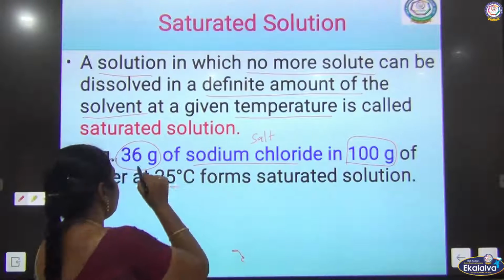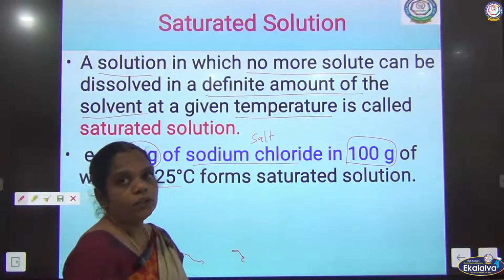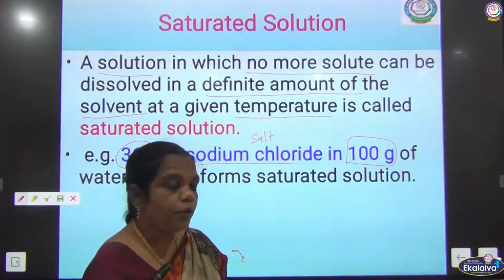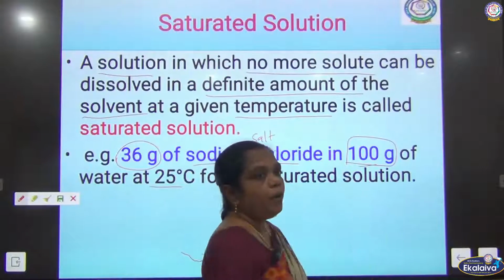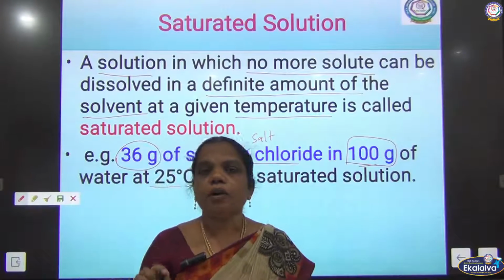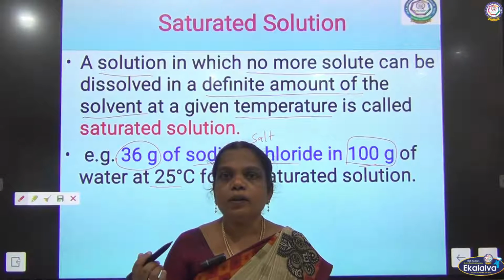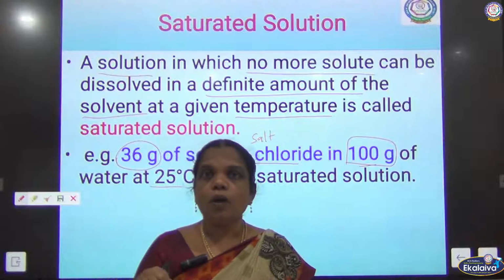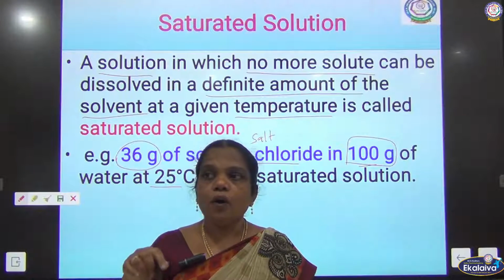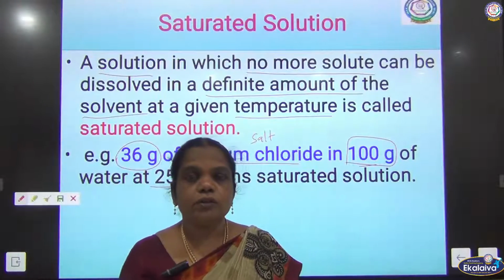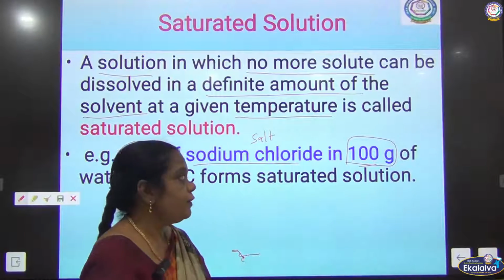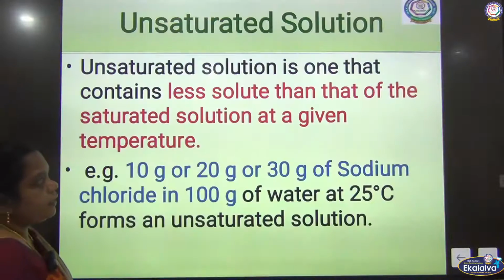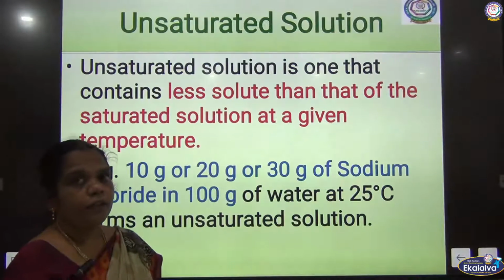Example, 36 gram of salt can dissolve in 100 gram of water, and if you add more salt into that water, it is found as undissolved. That type of solution is called saturated solution.